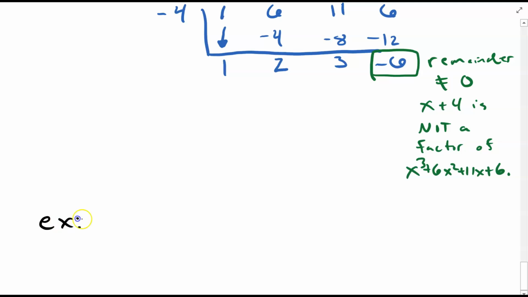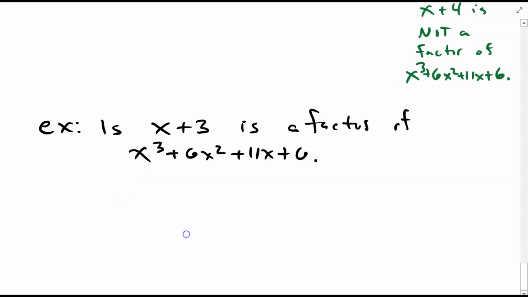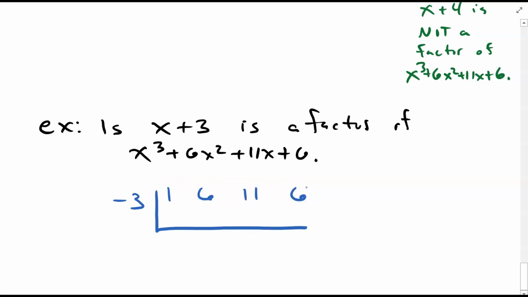Well, let's check if x plus 3 is a factor of x cubed plus 6x squared plus 11x plus 6. So for the same reason, I'm just going to start by dividing the polynomial by the potential factor. And again, since the divisor has leading coefficient of 1 and degree 1, I can just use synthetic division to do this.